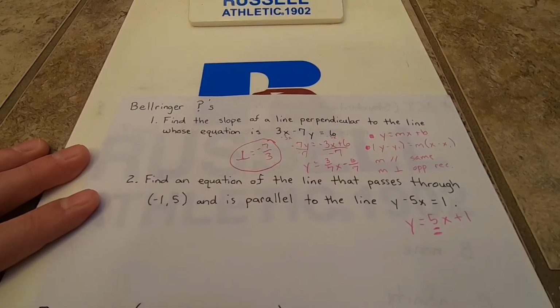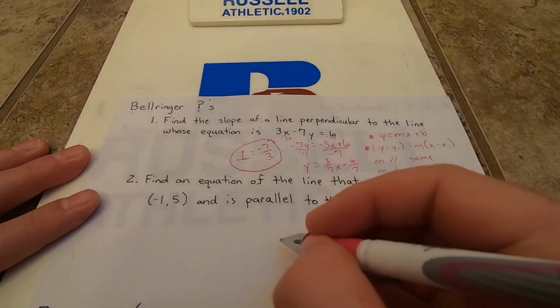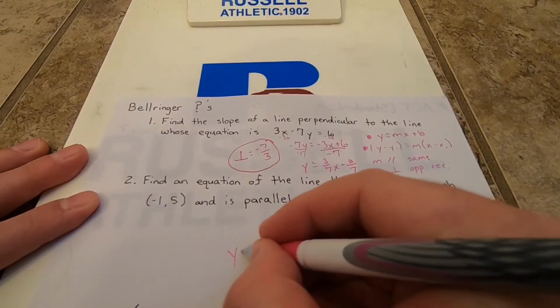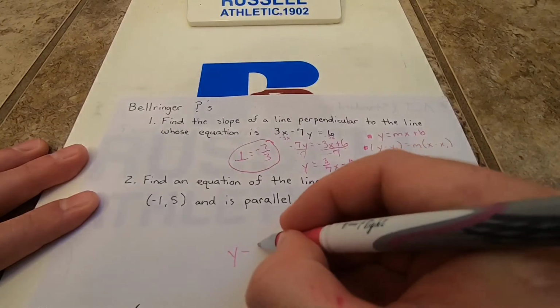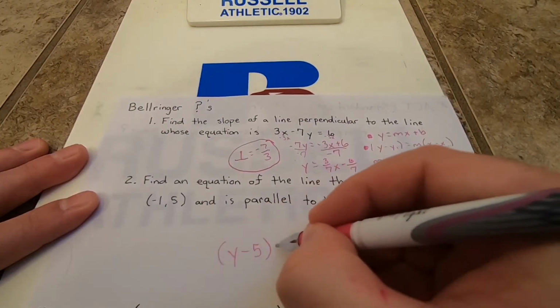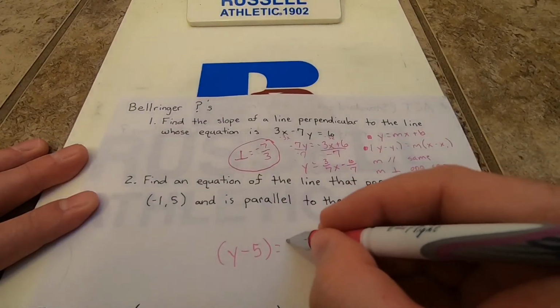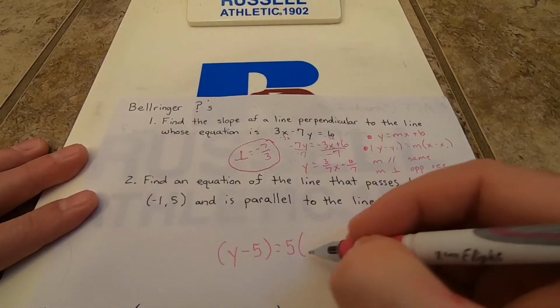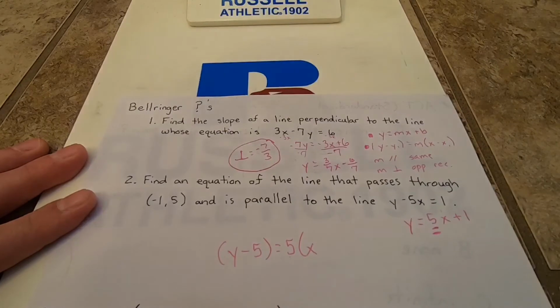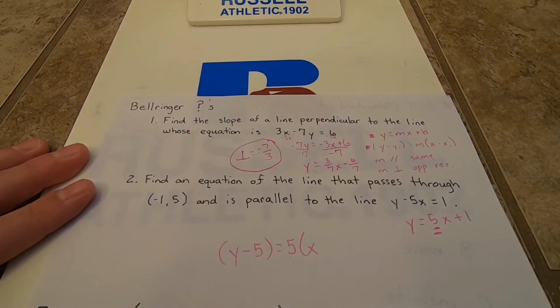Now let's plug in our point into point slope. So y minus y1 would be a 5 here. Use the same slope that is in the problem, which is a 5. Now remember, in our formula is x minus x1.